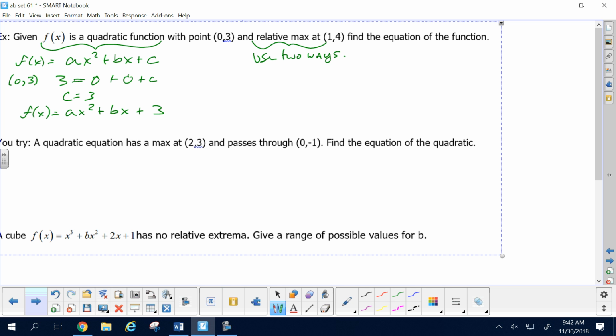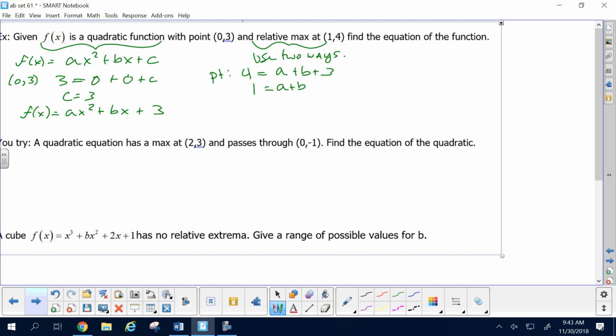Max at 1, 4. What else do you know? Is 1, 4 a point on f or a point on f prime? It's a point on f. And so if it's a point on f, that implies that 4 equals a plus b plus 3, or a plus b equals 1. Okay? We used it as a point.